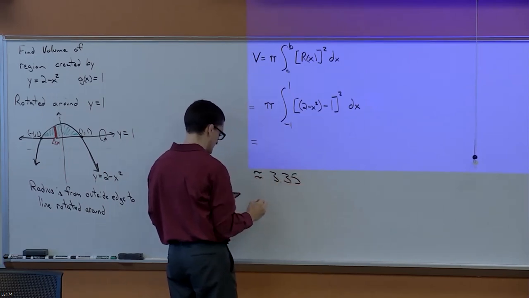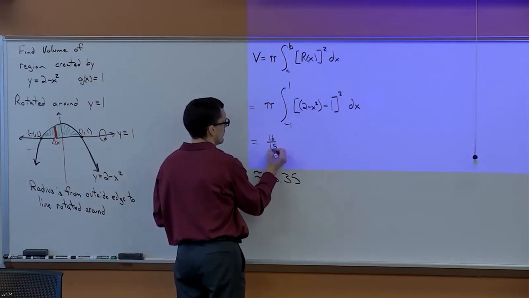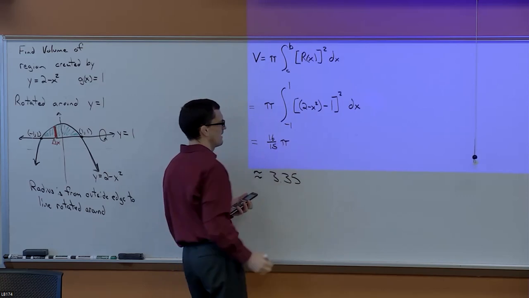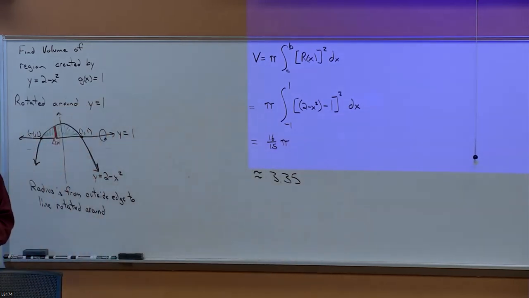It's like 16 over 15 times pi. Sixteen fifteenths pi, which is about 3.35.